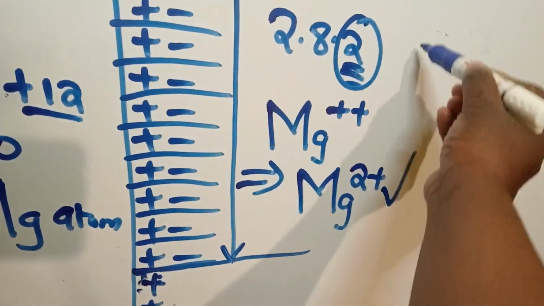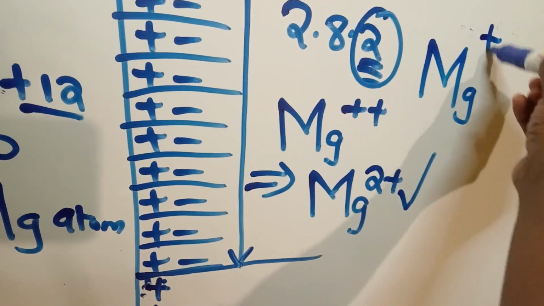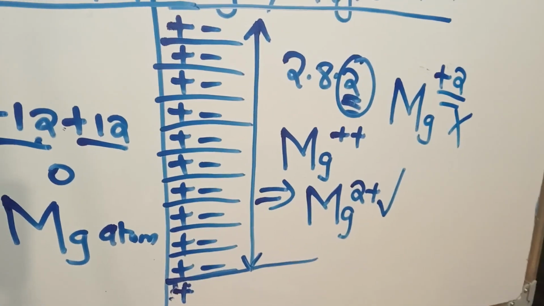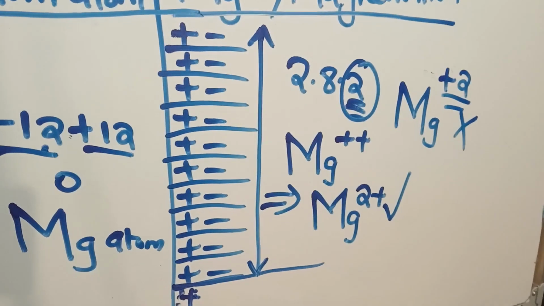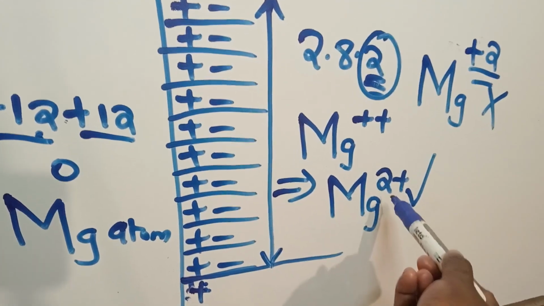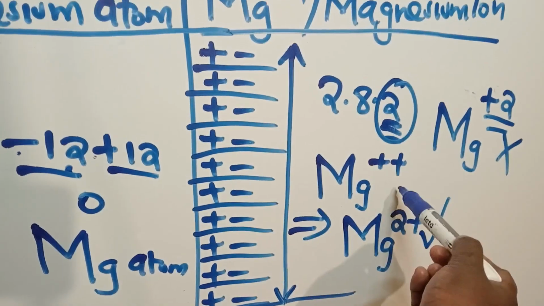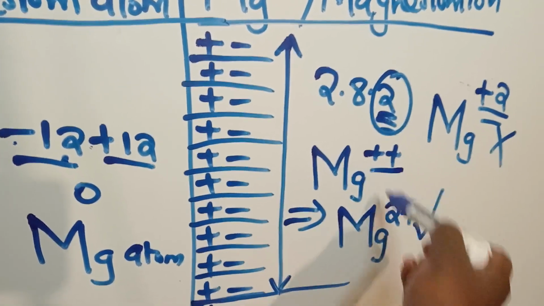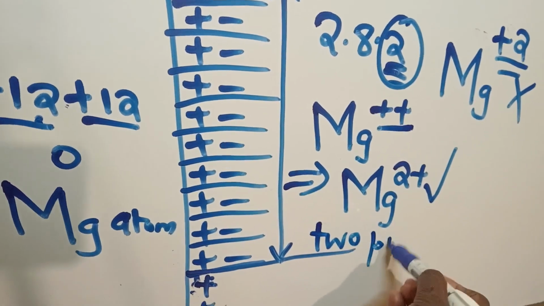If you write it as capital M, small g, and a positive 2, it will be wrong, because when you begin with the charge followed by the number, that one will be the oxidation number. But for the charge, it should strictly start with the number and then the positive, because as we were adding them up here, we said in words, these are 2, we say they are 2 positives.